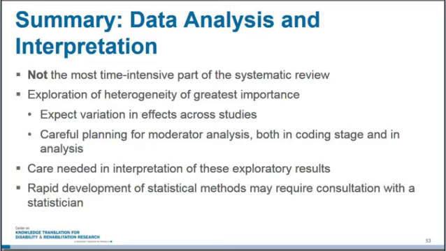So you need to carefully plan for moderator analyses, for the exploration of heterogeneity, both in the coding stage and in the analysis, so that when you're coding studies, you should also be thinking about the reasons why studies may vary in their effects, and you want to make sure you code each of your studies for those issues.